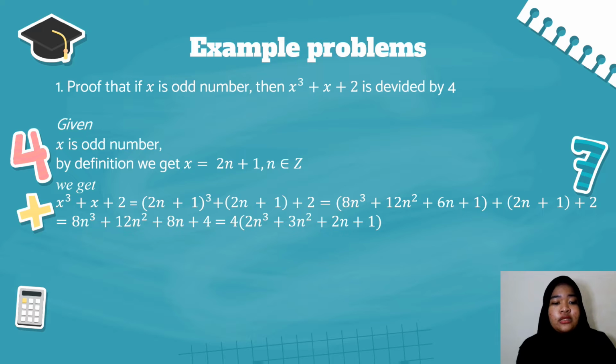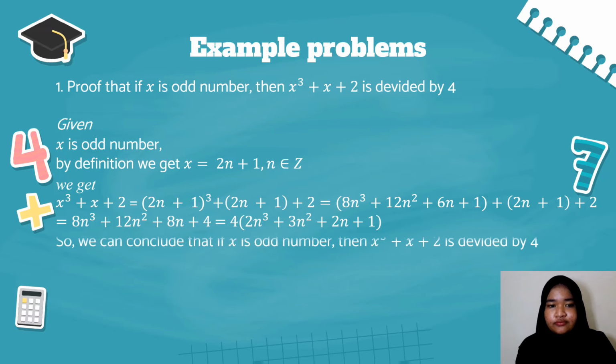From 8n power 3 plus 12n squared plus 8n plus 4, we can get 4 times (2n power 3 plus 3n squared plus 2n plus 1). So we can conclude that if x is an odd number, then x power 3 plus x plus 2 is divisible by 4.